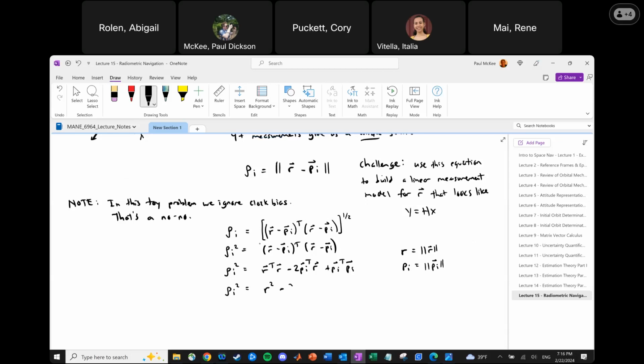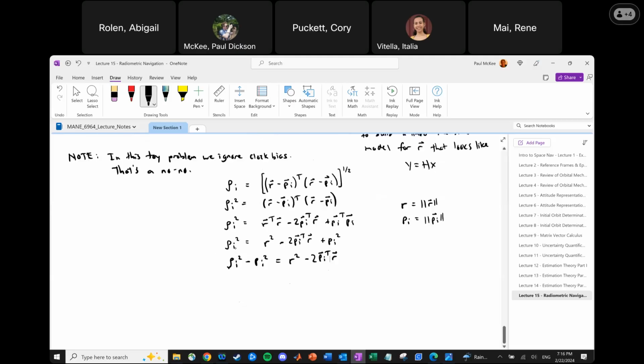This is still minus 2 pi transpose R. And then pi transpose pi is just pi squared. Great. Now I want to move some things over to the other side of the equal sign. I'm going to write this as rho I squared minus pi squared is equal to r squared minus 2 pi transpose R. And now we have basically won.